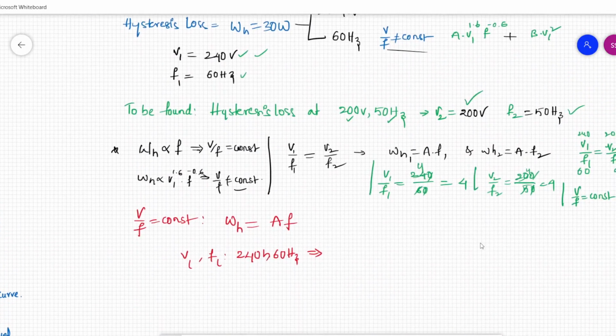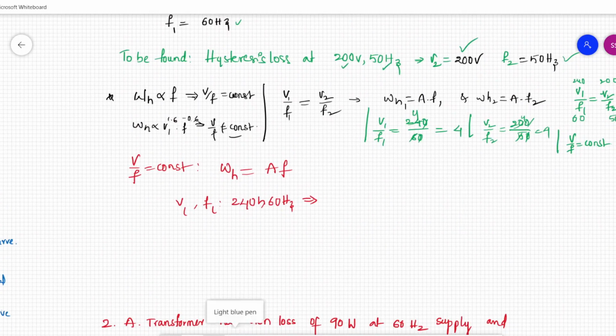That means WH1 is equal to A into F1, which is the loss at frequency F1, 60 Hz, equal to 30 watts. So we are going to find A here.